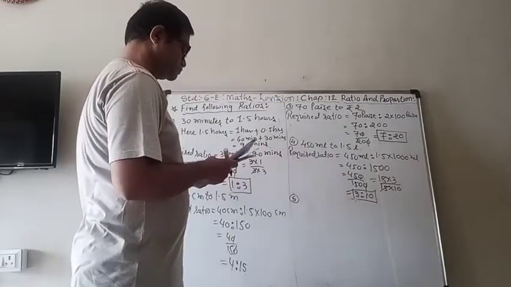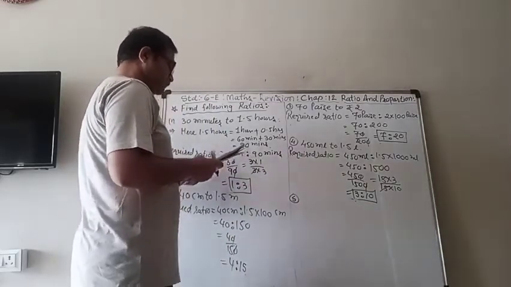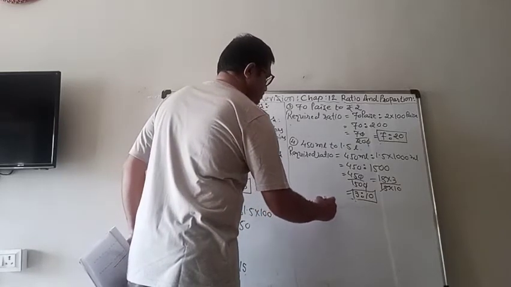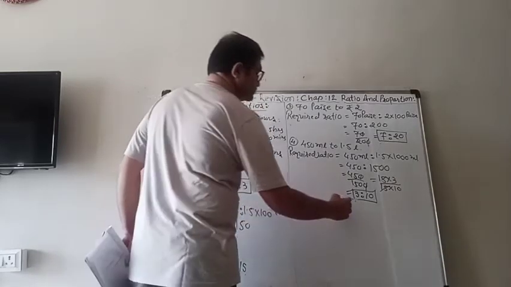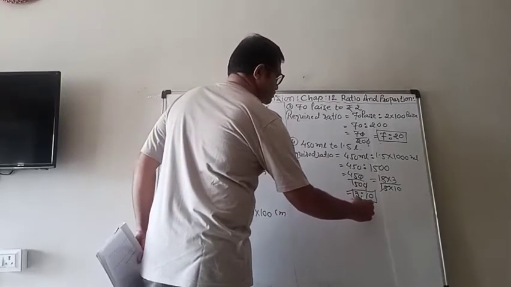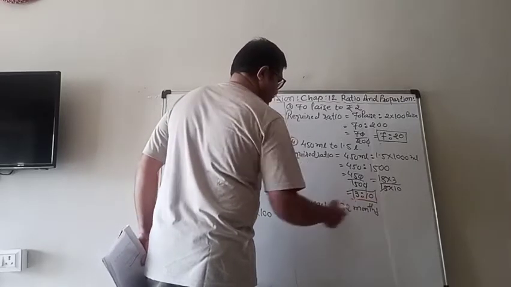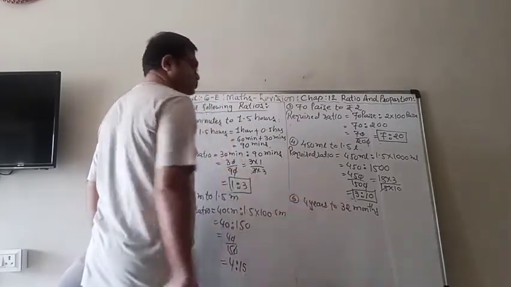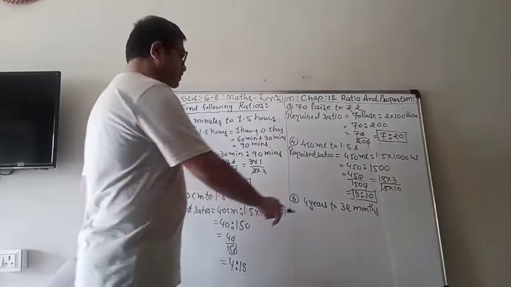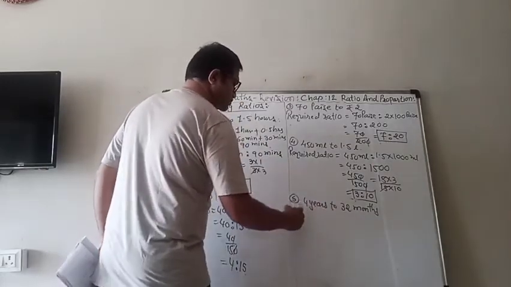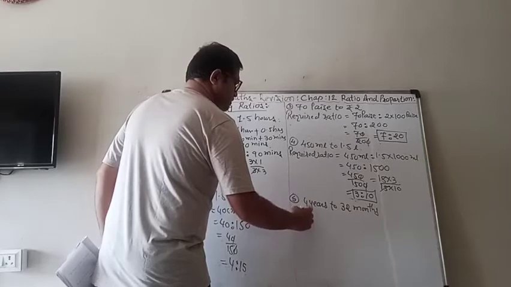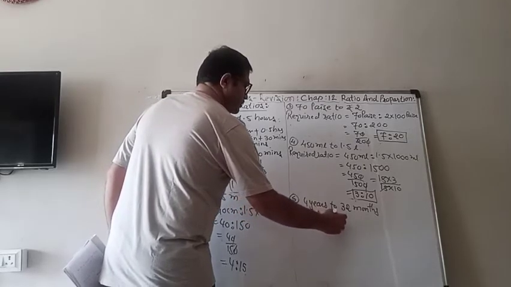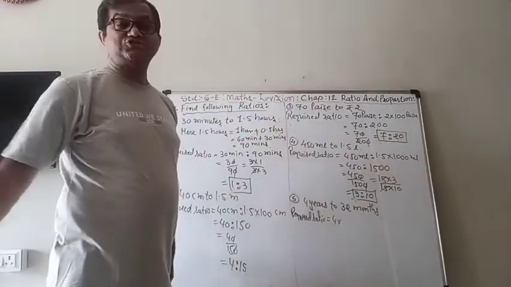Fifth one. 4 years to 32 months. So here one is in years, the other is in months. So you can't do directly 4 is to 32, but we have to convert the years into months. So required ratio. Now in 1 year there are how many months? 12 months.